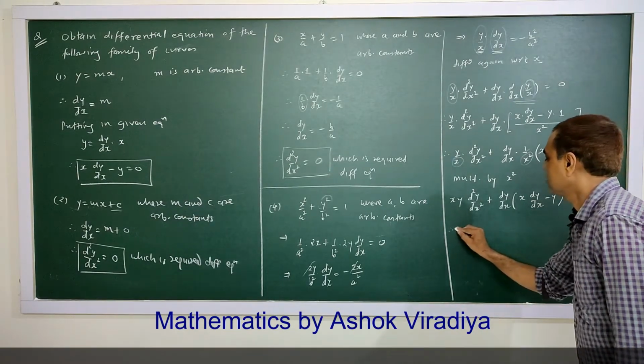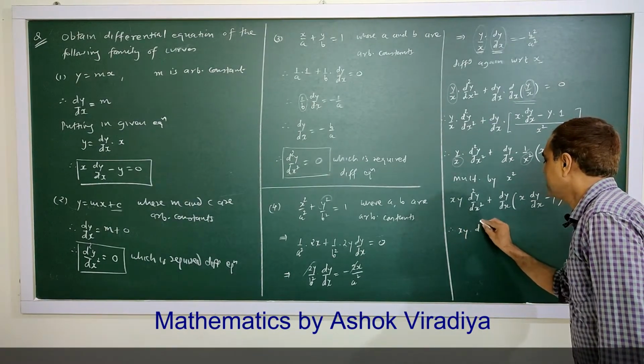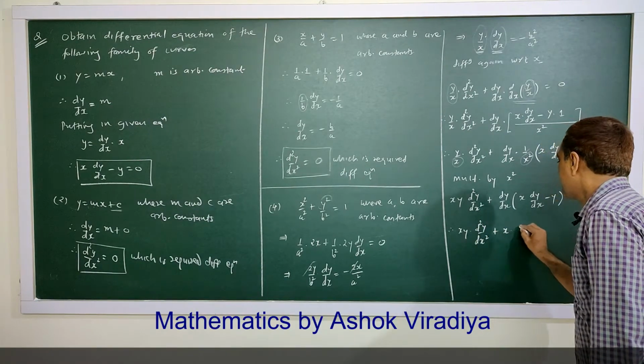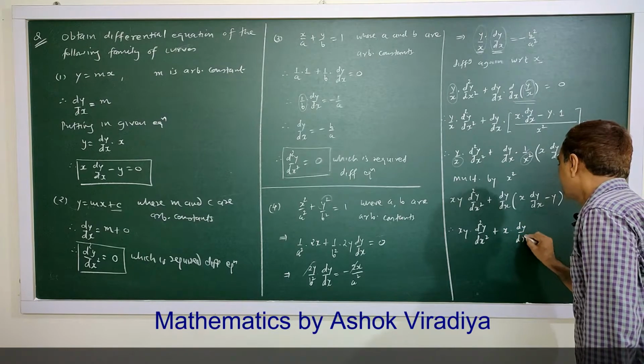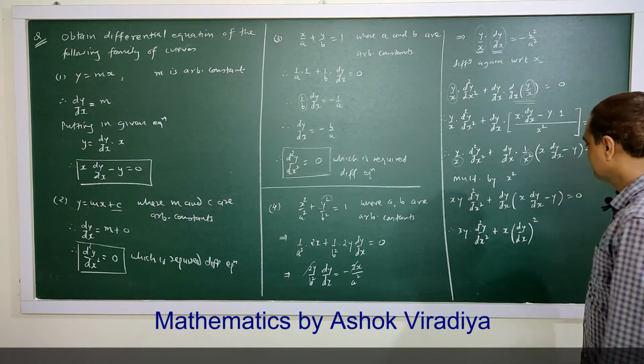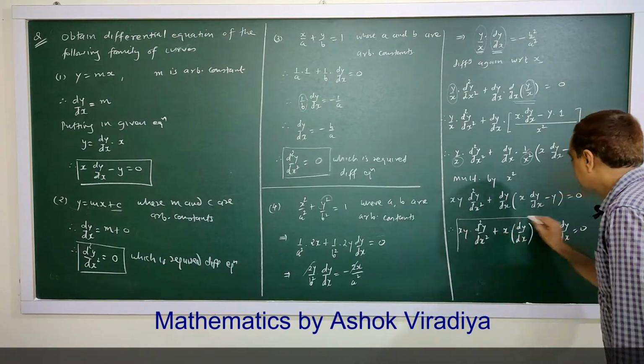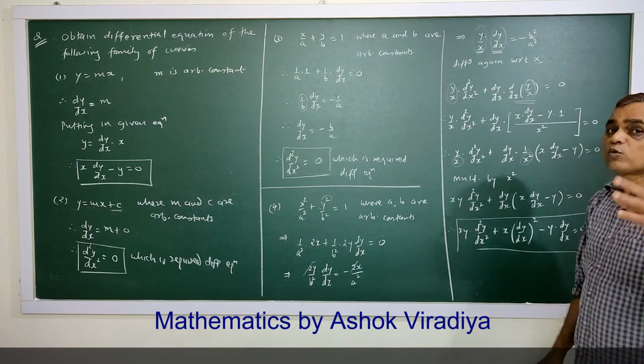Therefore x into y d square y by dx square plus x into dy by dx whole square minus y into dy by dx equal to 0. So this is the required differential equation.